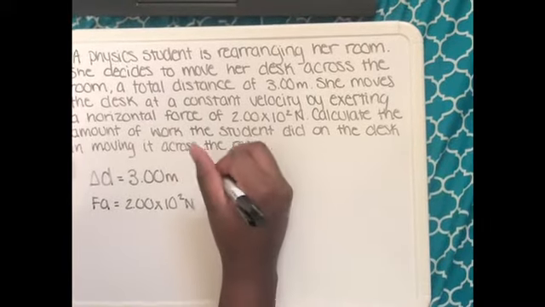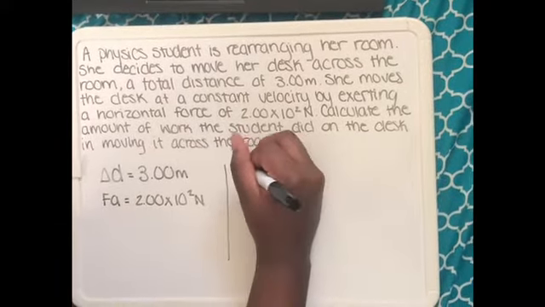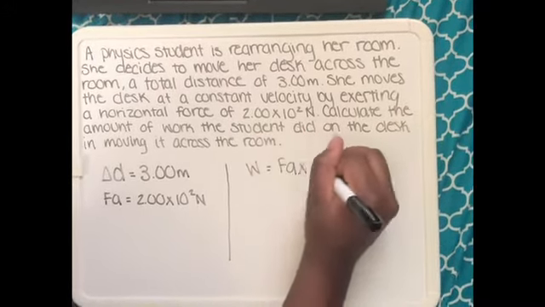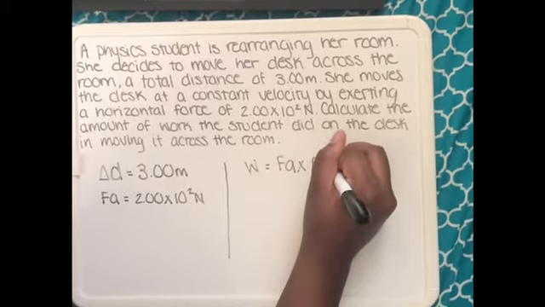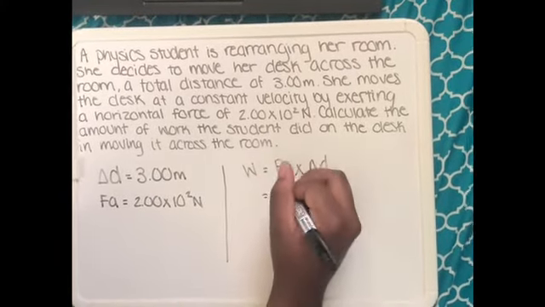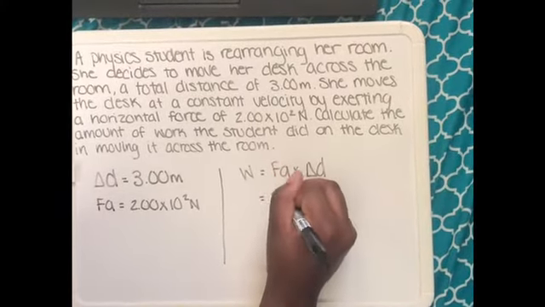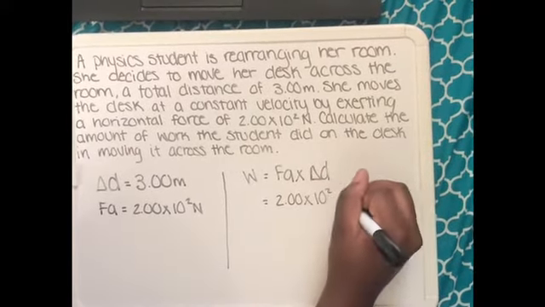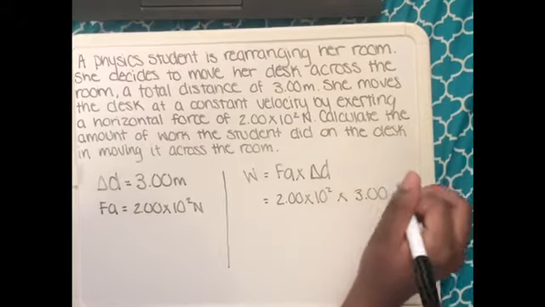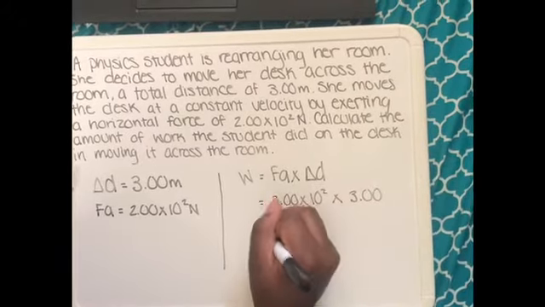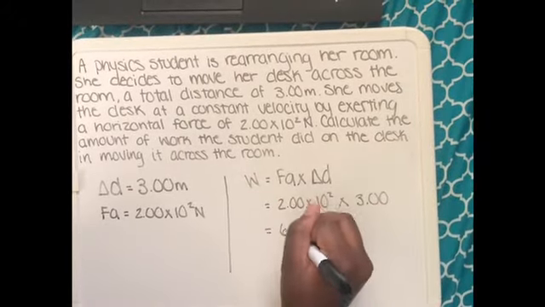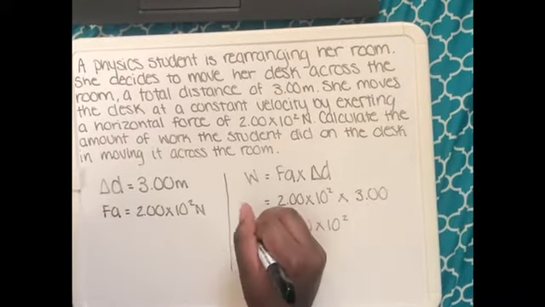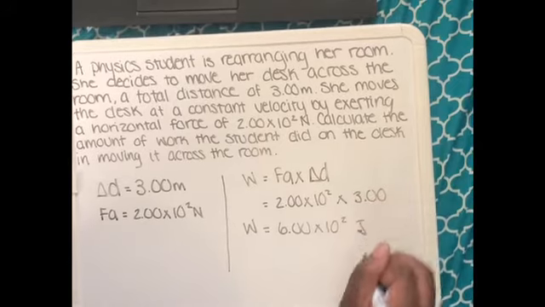We know that the equation for work is W = Fa × ΔD, which in this case is equal to 2.00 × 10^2 times 3.00, which is equal to 6.00 × 10^2, and we know that work is measured in joules.